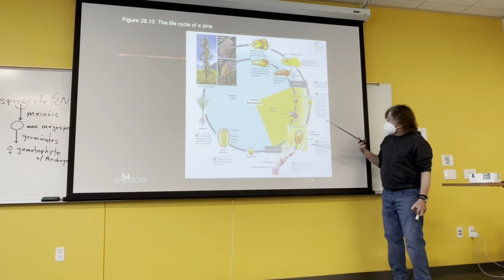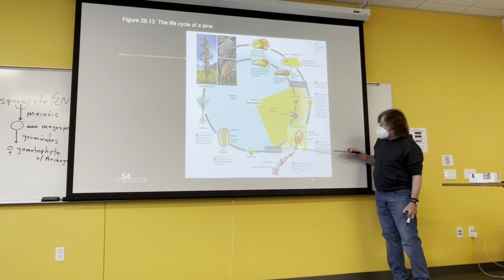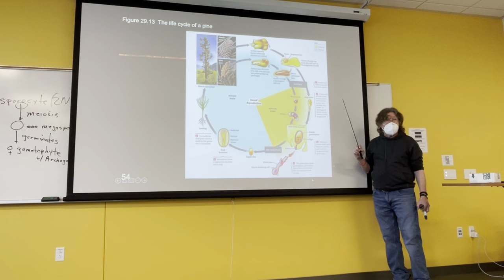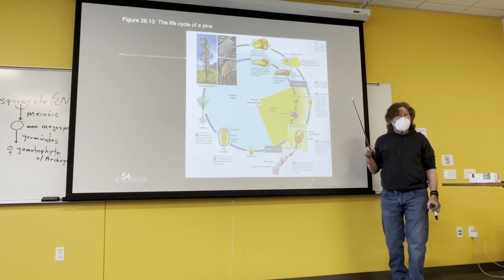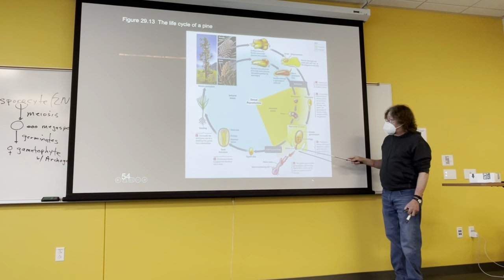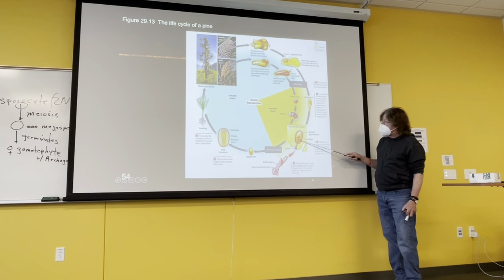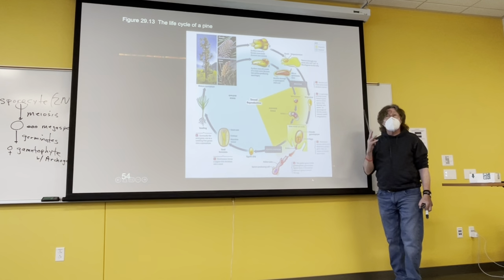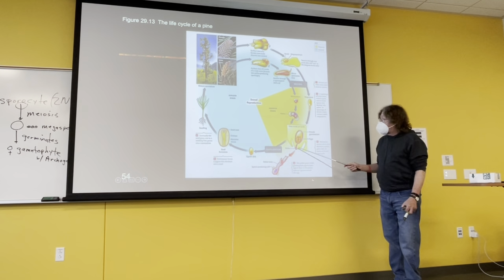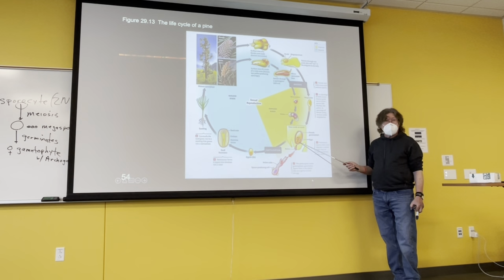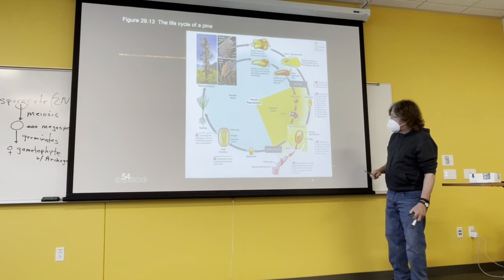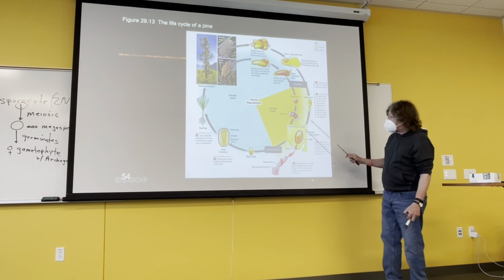In that pollen chamber, the pollen tube is growing and digesting its way through the integument and through the nucellus to one of these eggs. Even though there might be 2 or 3 eggs there, only one of them gets fertilized, and then the others will atrophy.